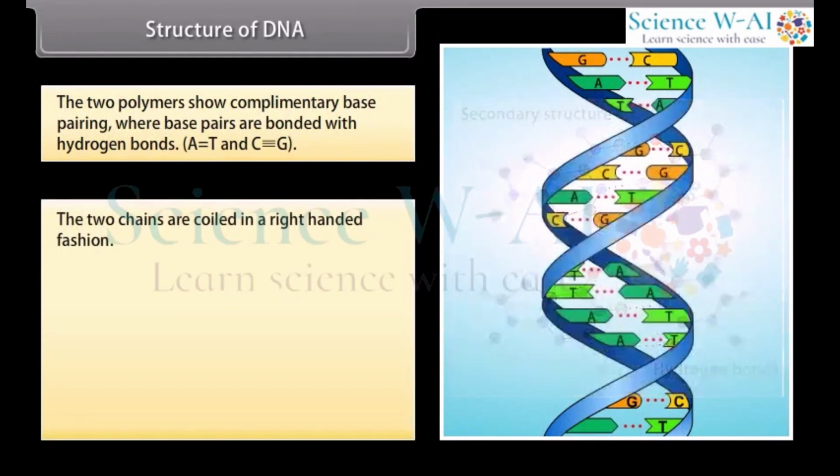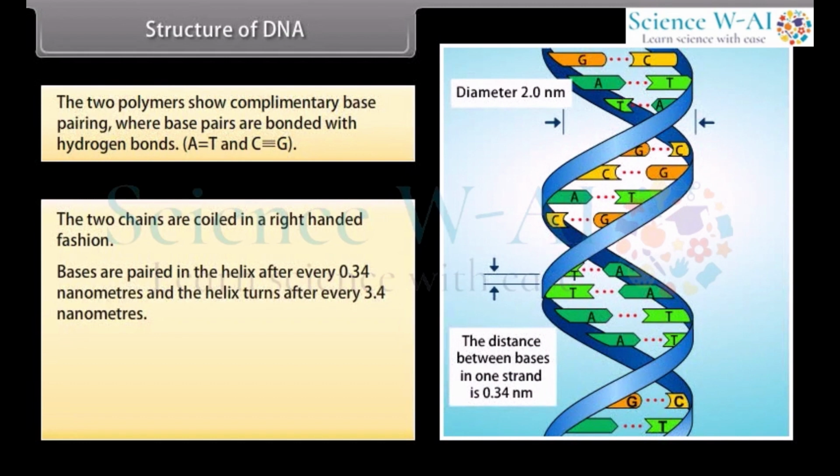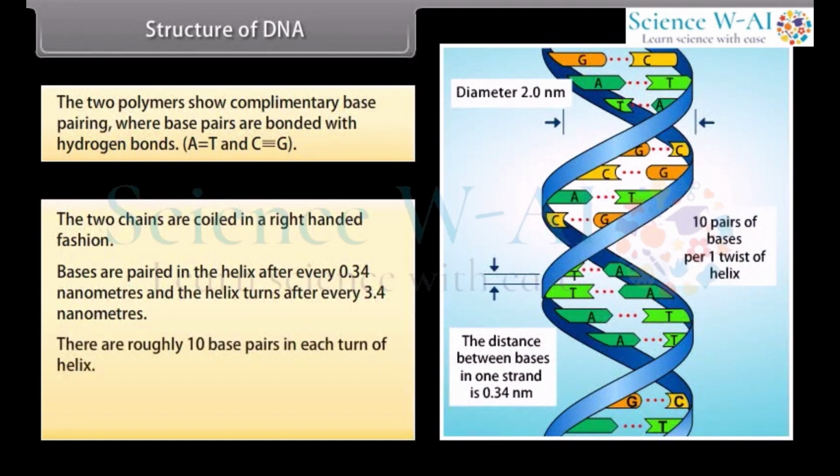The 2 chains are coiled in a right-handed fashion. Bases are paired in the helix after every 0.34 nanometers, and the helix turns after every 3.4 nanometers. There are roughly 10 base pairs in each turn of the helix. The plane of one base pair stacks over the other in the double helix.